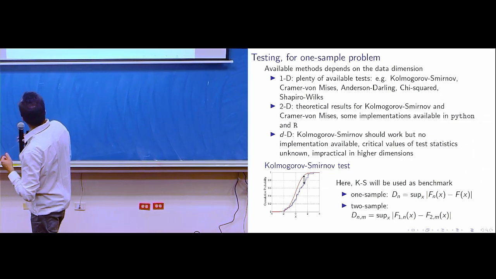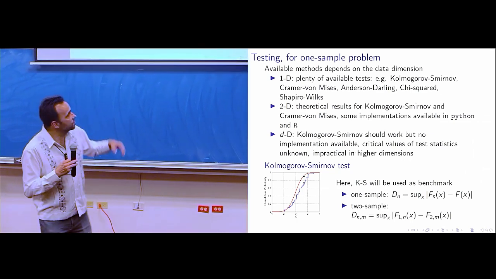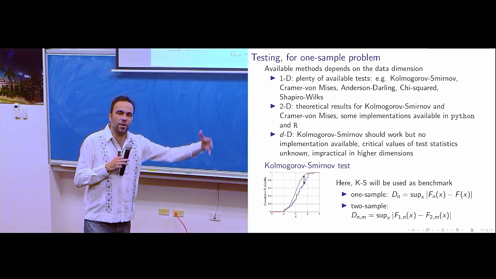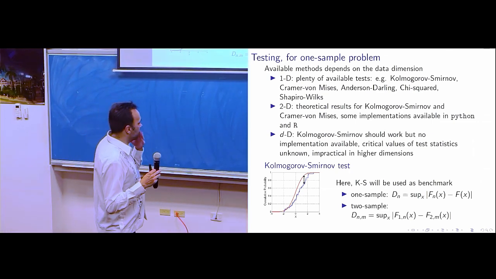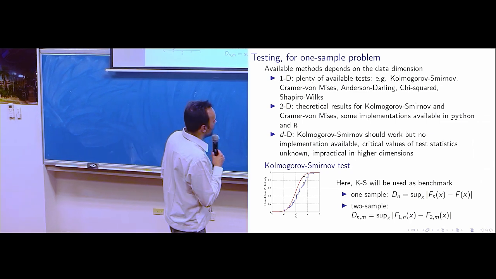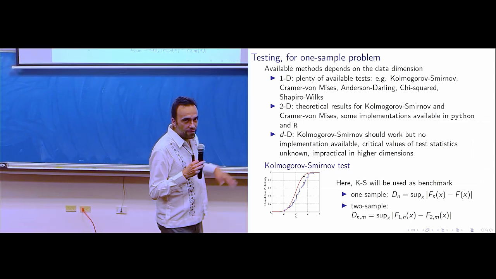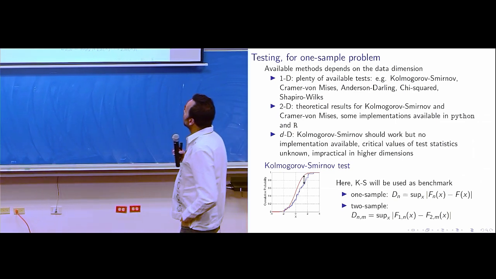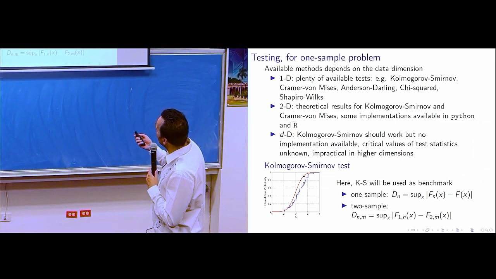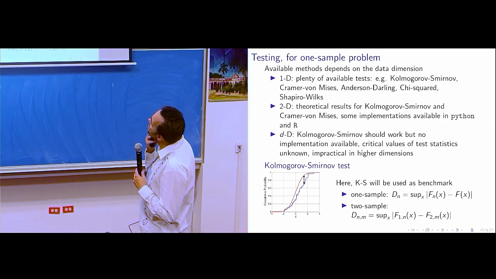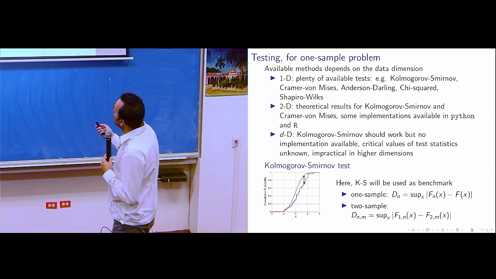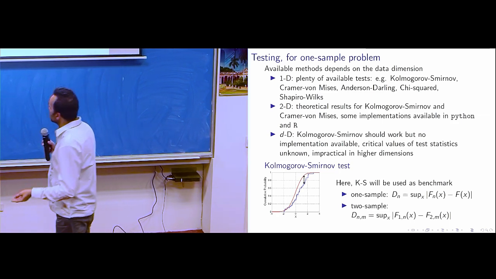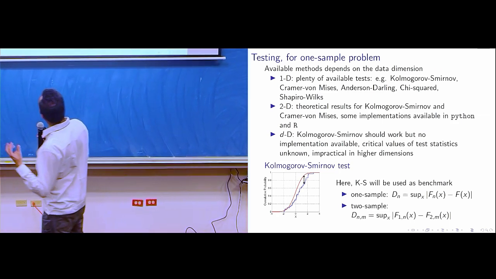You get standard tests: Kolmogorov-Smirnov, Cramér-von Mises, Anderson-Darling, chi-square, and many more. But if you start to have data from much higher dimensions, then the availability of choice goes down. In 2D, there are some theoretical results and some implementations for KS and Cramér-von Mises. But above 2, things are getting problematic, and costs are getting higher.